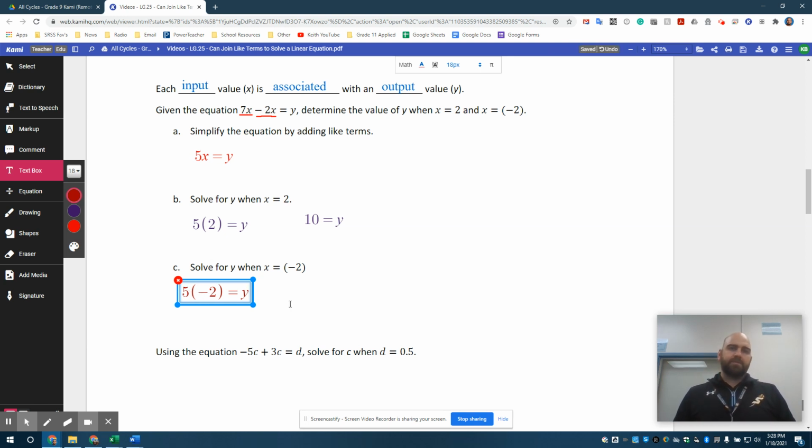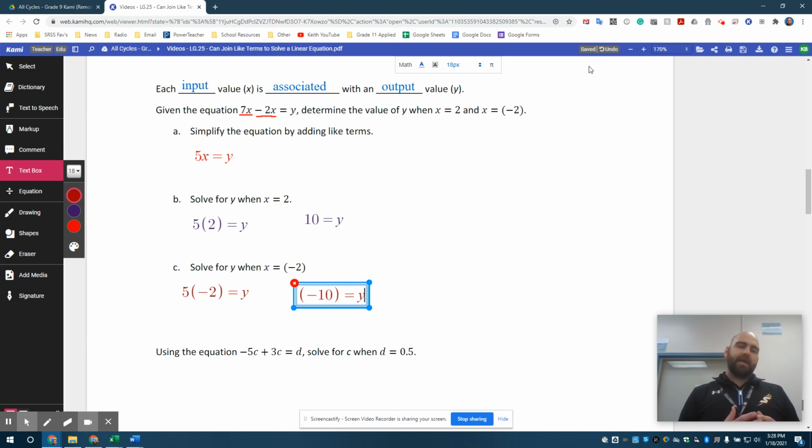When we multiply these two together, 5 times negative 2 is negative 10. And the other side is still y. So it tells us that our y value is negative 10. When x is negative 2, the y value is negative 10. So it's a unique y value.